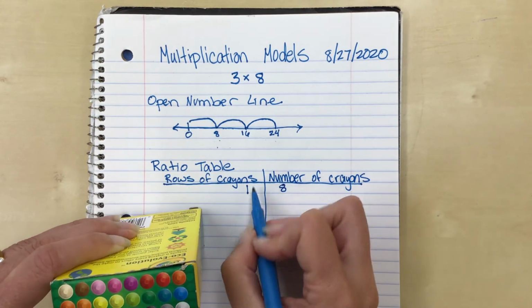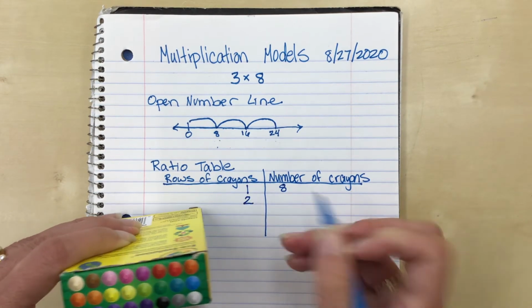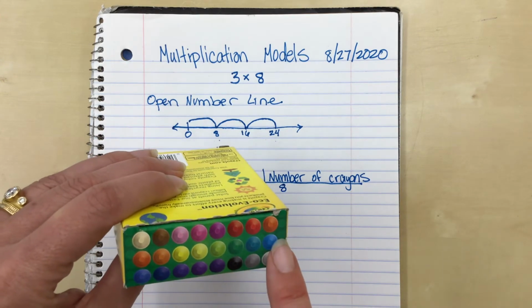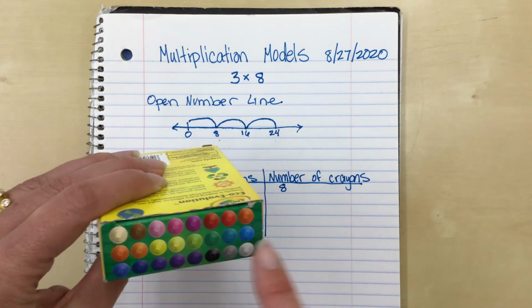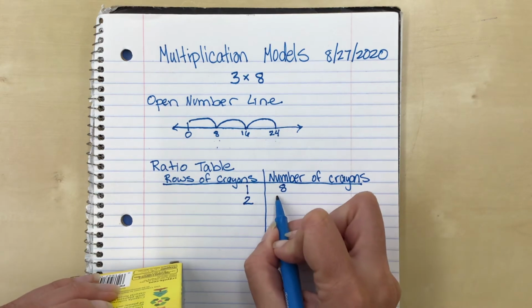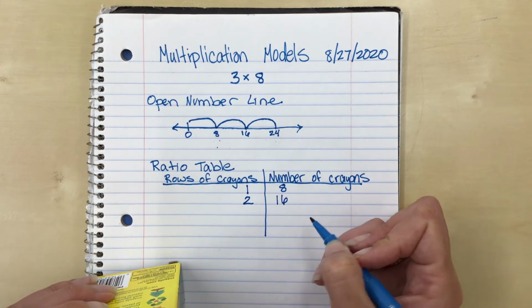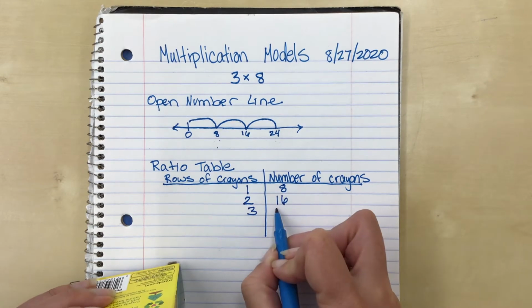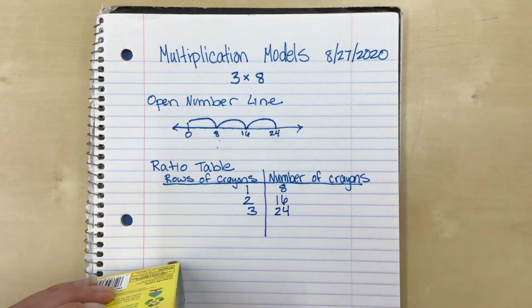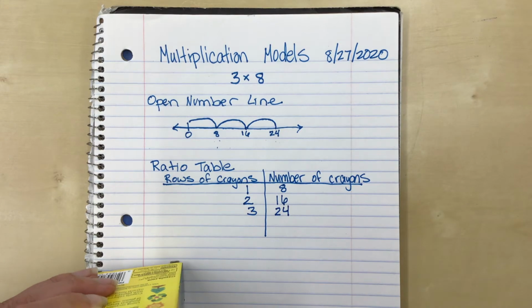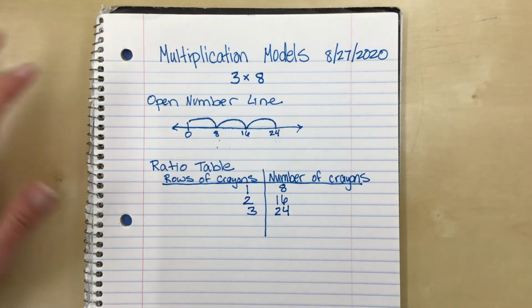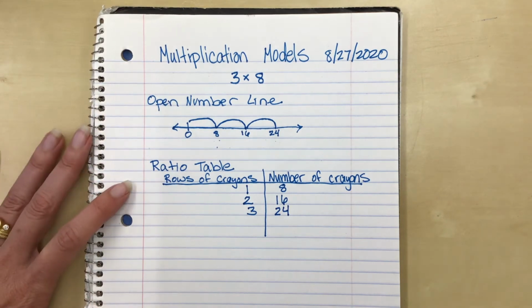So then if we were to say there are 2 rows, we're going to double the 8. 8 times 2, or 8 plus 8, 16. And there are actually 3 rows, so we're going to put 24.